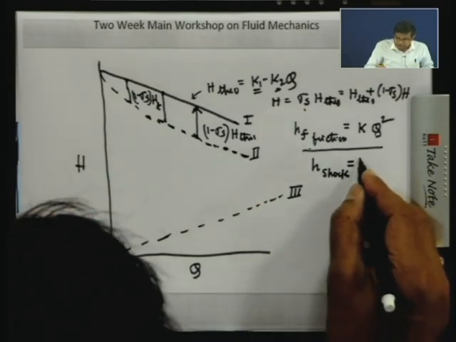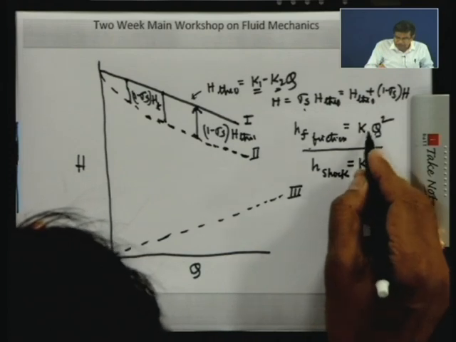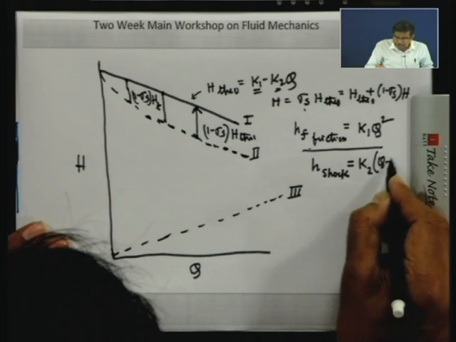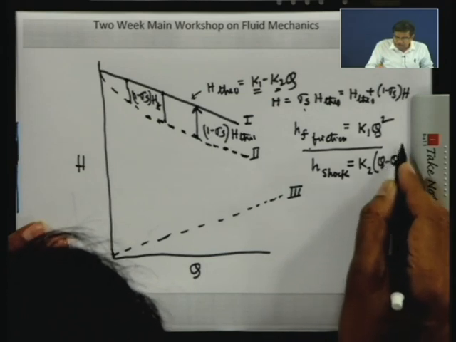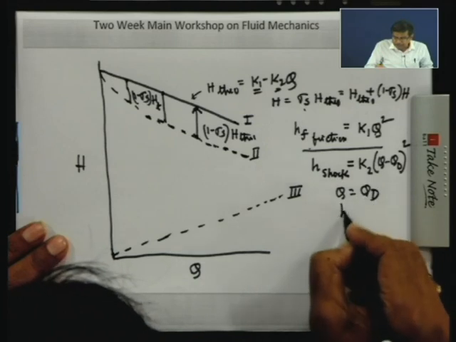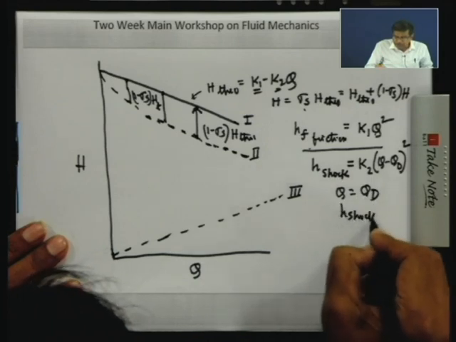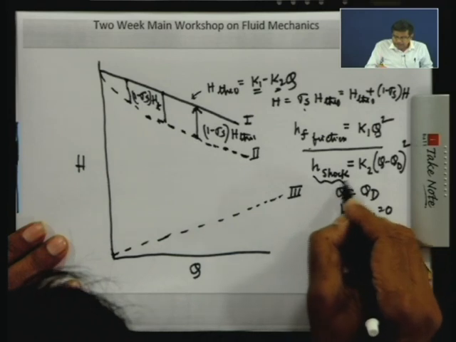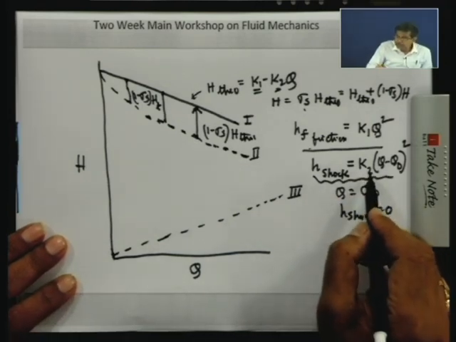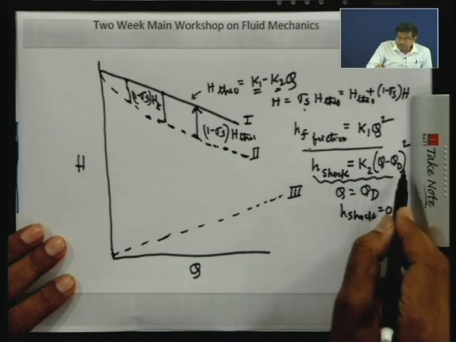This can be expressed with a constant K2 times Q minus QD whole square. Why in this form? Because when Q is equal to QD, the design flow rate, H shock will be 0.